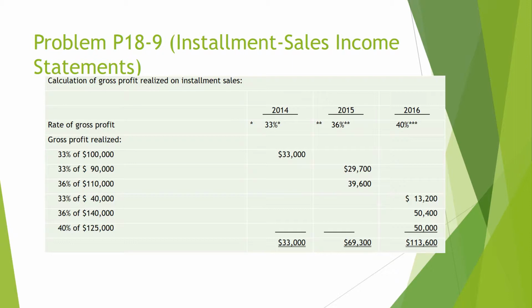Then in the next slide, we will count the calculation of gross profit realized on installment sales. Using the gross profit rate, we can do all the calculations. You can see that 33% of the 100,000 is 33,000 for 2014, and the next is 33% of 90,000.